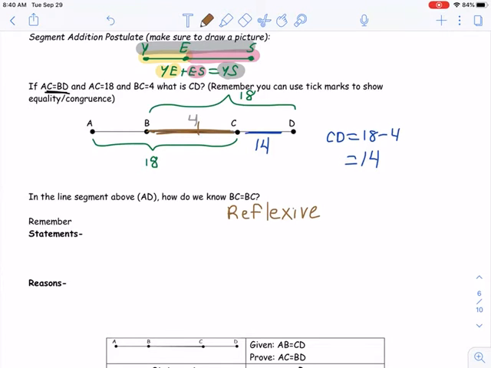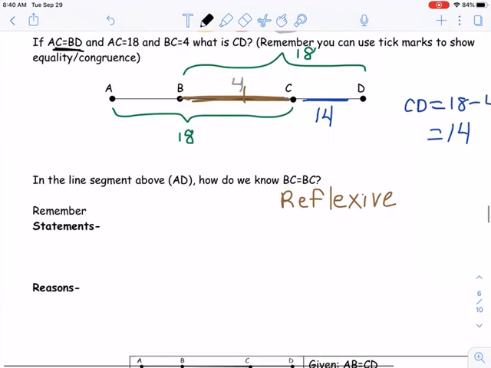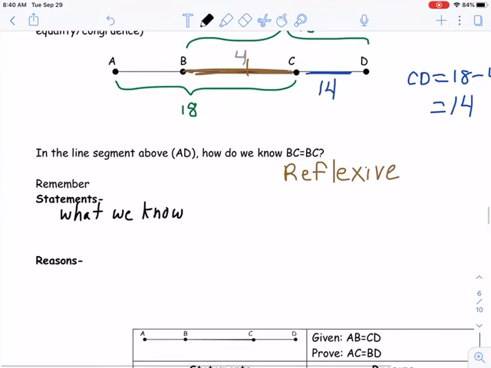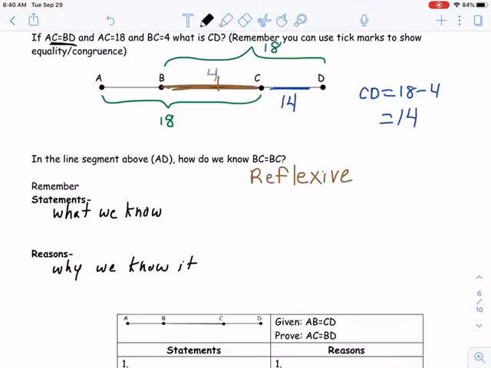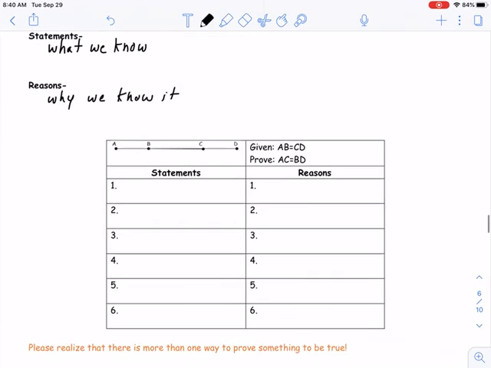So remember, when we do a 2-column proof, we got statements. It's what we know. And then reasons are why we know it. Just prepping our brains, and now we can dive into a proof.